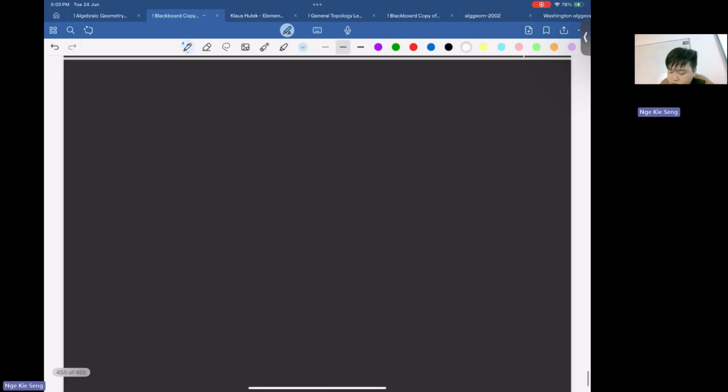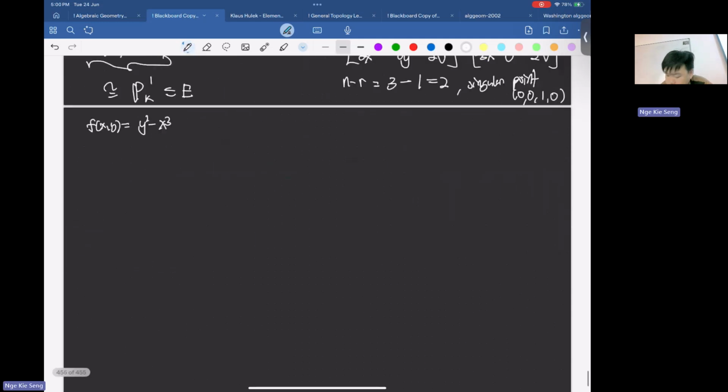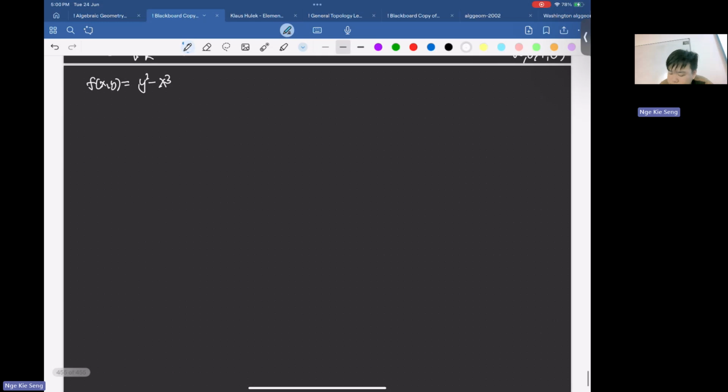To avoid abuse of notation, I reuse the notation f(x, y) equals y squared minus x cubed. And then we know that the singular point is at the origin.